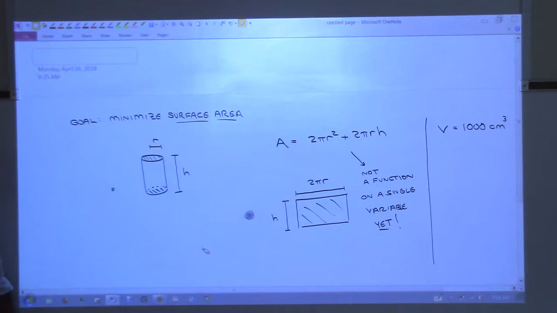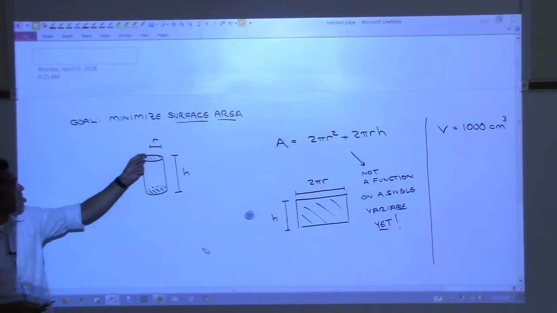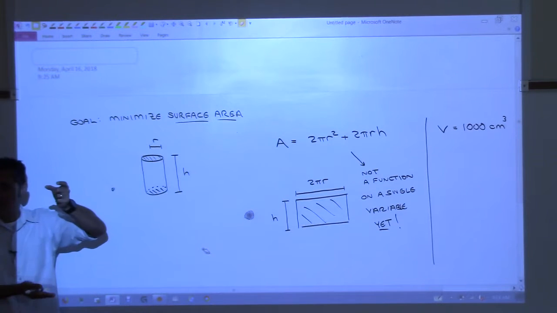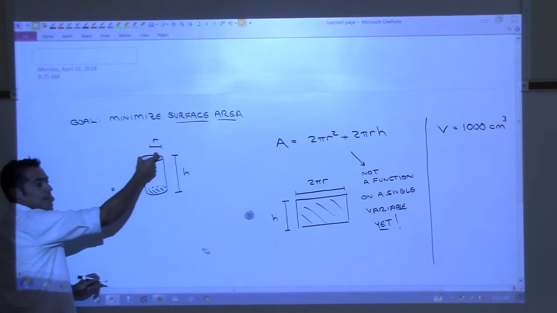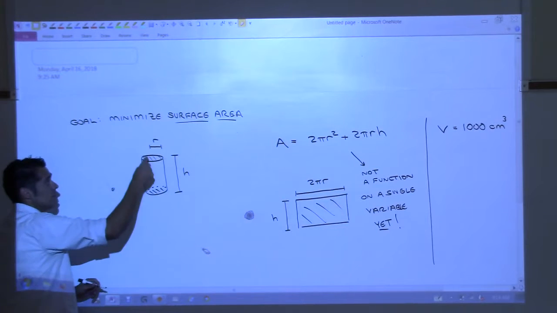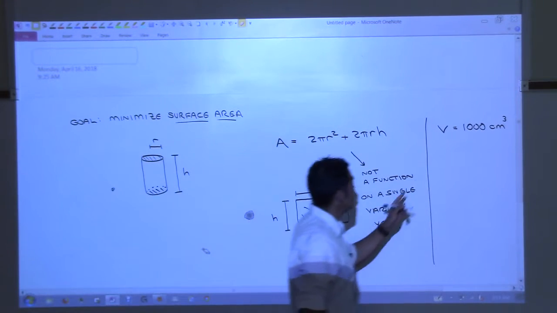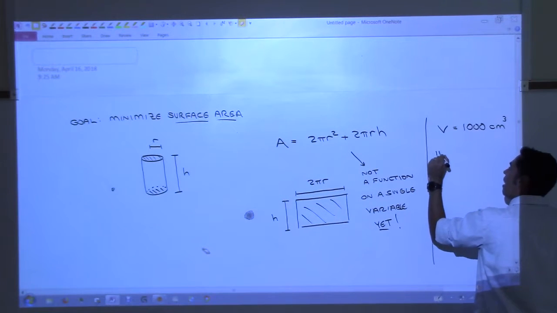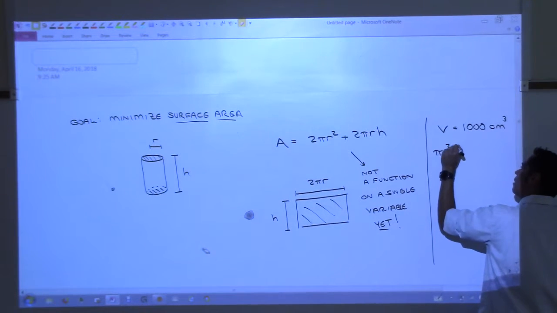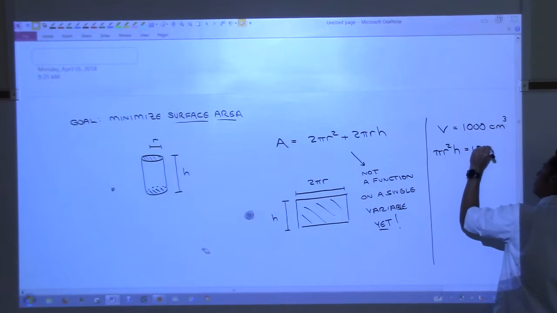Well, again, we could look up the formula, right? It's pi r squared, that's the area of the top, times the height of the can. So it's almost like you're stacking a bunch of circles on top of one another. So it's pi r squared, this area, times the height. So that's our volume. So pi r squared times h must be 1,000. Do y'all agree with that?